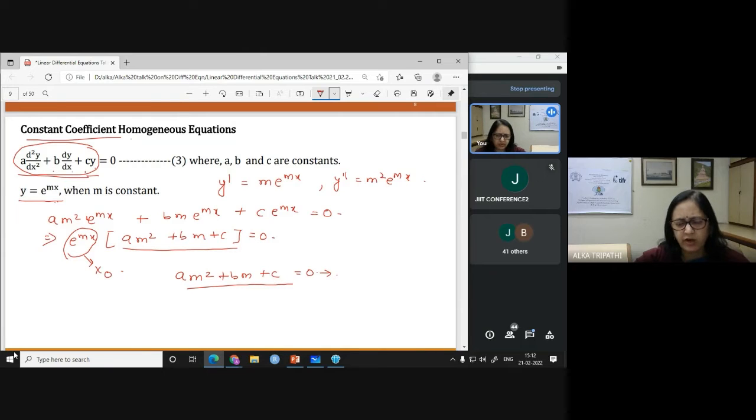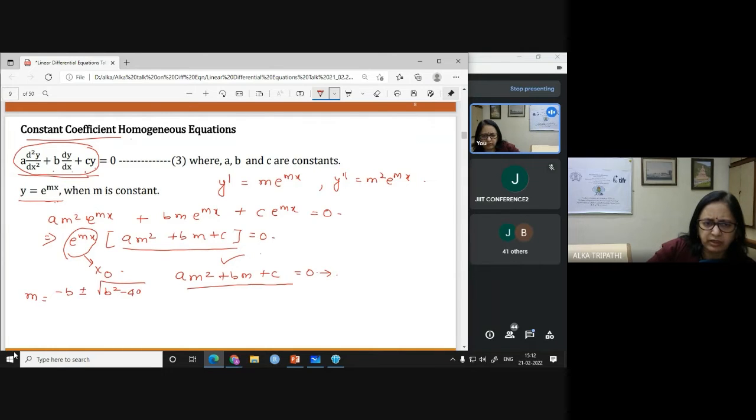And since it is quadratic in m, we can find the solution using the quadratic solution method, m equal to minus b plus or minus square root of b square minus 4ac, divided by 2a. Depending on the discriminant value b square minus 4ac, we will have two solutions of different forms.